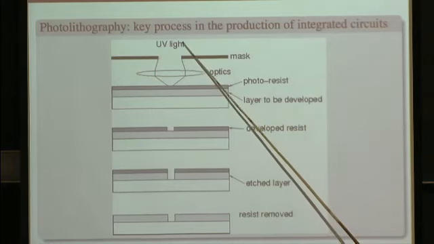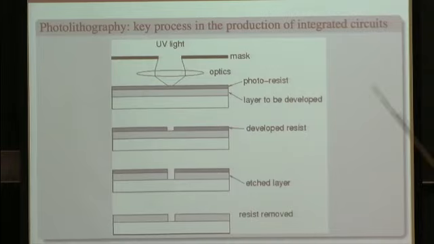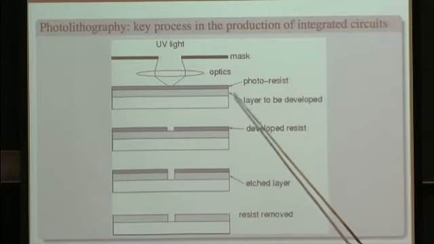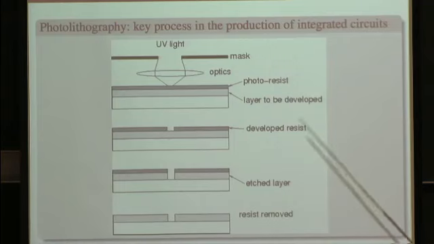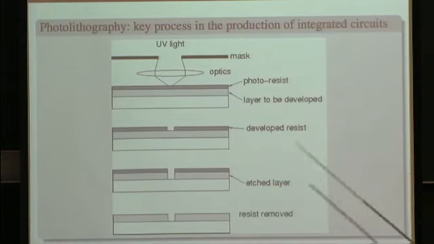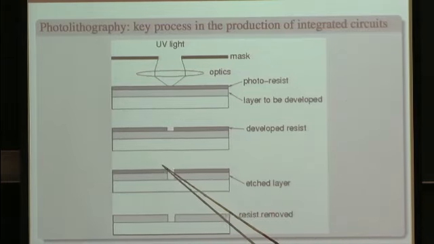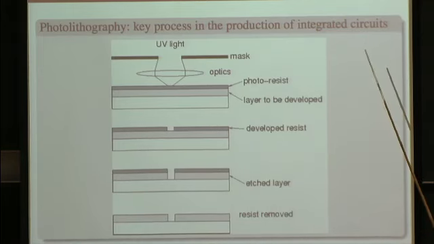You have light coming from above, it passes through a mask, the mask simply lets the light go through or not, then it goes through some lenses, some optics, and it reaches a photosensible material. This photosensible material is made in such a way that if the light intensity is above a certain threshold, then it can be developed and washed away. Then we use this dent to etch the next layer.